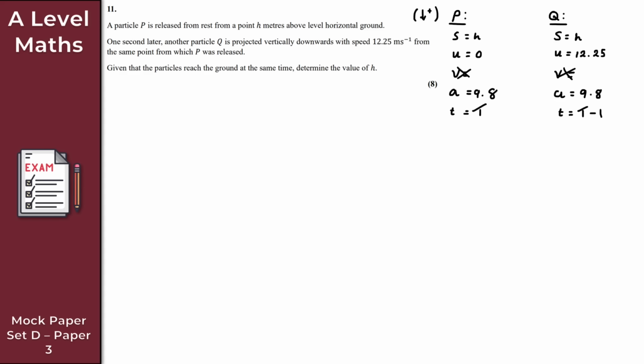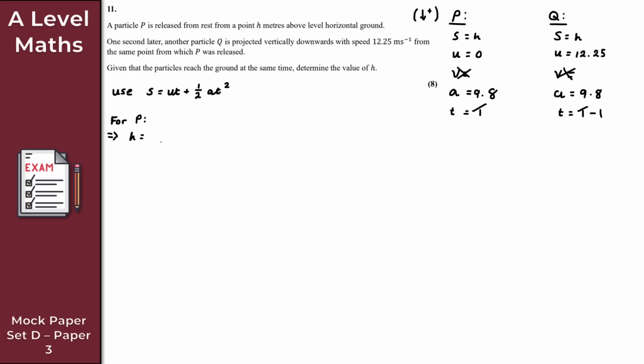Based on the relevant information for both particles, what constant acceleration formula can we use? We're going to use s is equal to ut plus a half a t squared for both particles. Let's start with particle P. s here is h, so h is equal to ut, that's 0 times t, so 0.